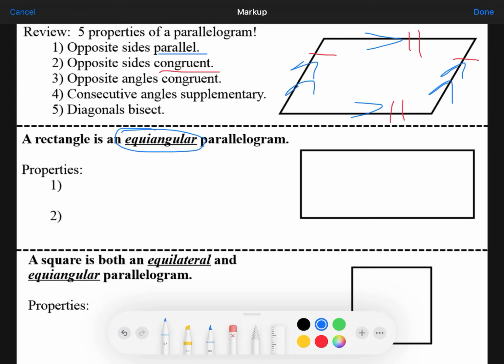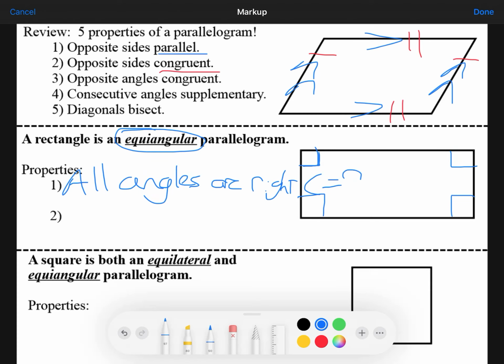So what that would mean is this angle here is the same as this second angle, same as the third angle, same as the fourth angle. And because they're all the same, they each have to equal 90 degrees. So it's not just that all angles are equal, it's that all angles are right. In other words, they're all 90 degrees.